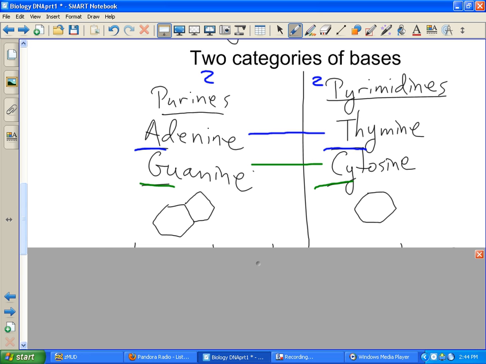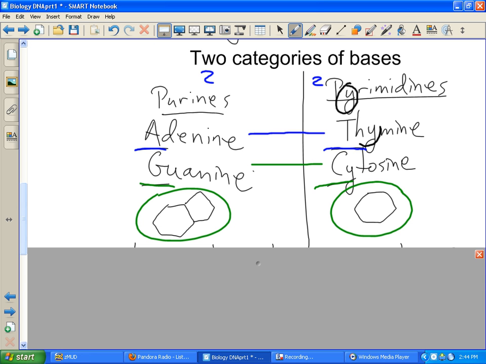And the reason we call them purines is because they have a shape that looks like that. The pyrimidines have a shape that looks like that. And you do need to know which ones are the pyrimidines and which ones are the purines, and there's an easy way to tell the difference. Pyrimidine has the letter Y in it.